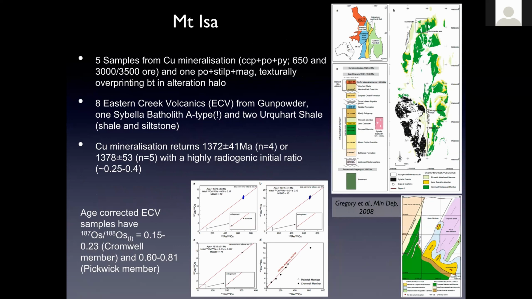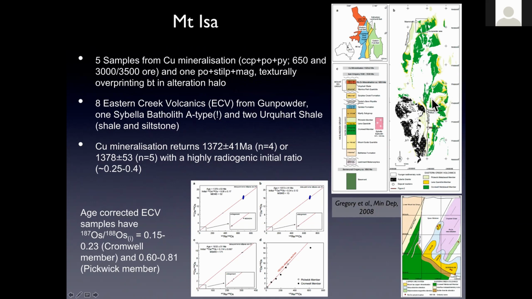Changing gears a little bit, we've heard a little bit about copper from Mount Isa. Well, a number of years back, I was lucky enough to be involved with some work with a PhD student at Monash University at that time. And she looked at the copper mineralisation at Mount Isa and a range of samples, 5 samples, including one from the alteration halo within the ore body.